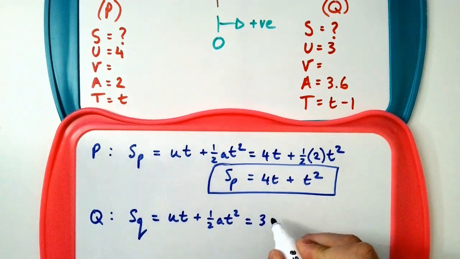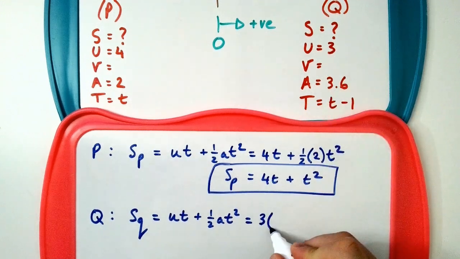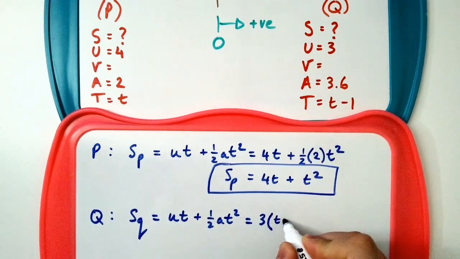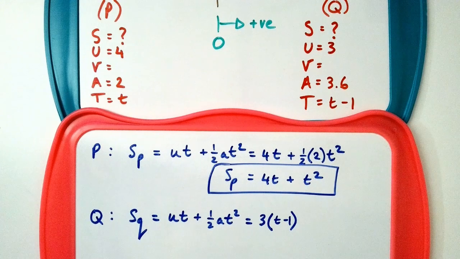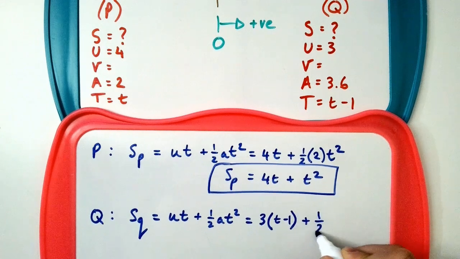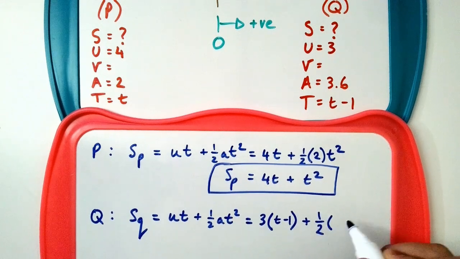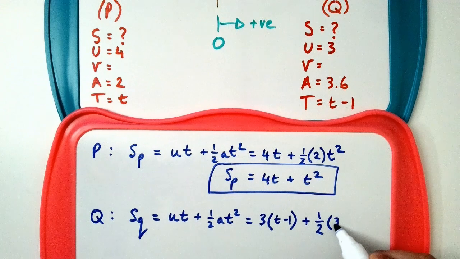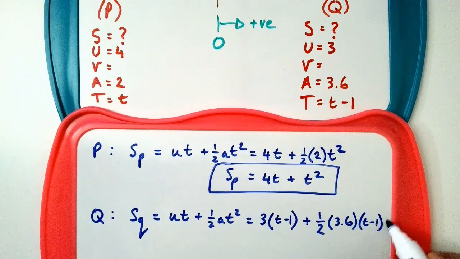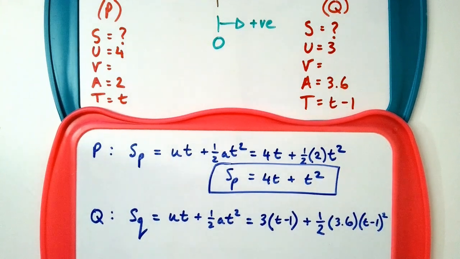So it's going to be 3 brackets t, and that t is actually t minus 1, because it passes point A 1 second afterwards. So you have to put half brackets A is 3.6 brackets t squared. Now t is the same, t minus 1 squared.